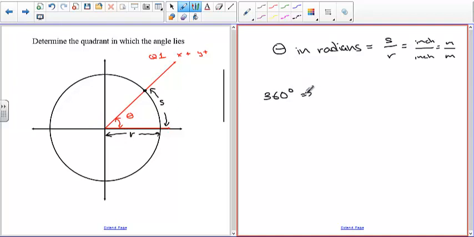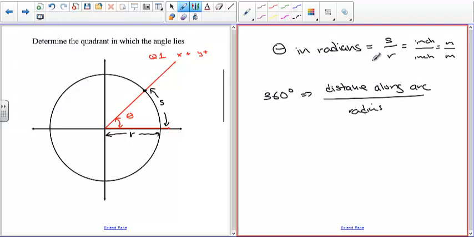The equivalent situation using radians is that the distance that you travel along the arc divided by the radius.